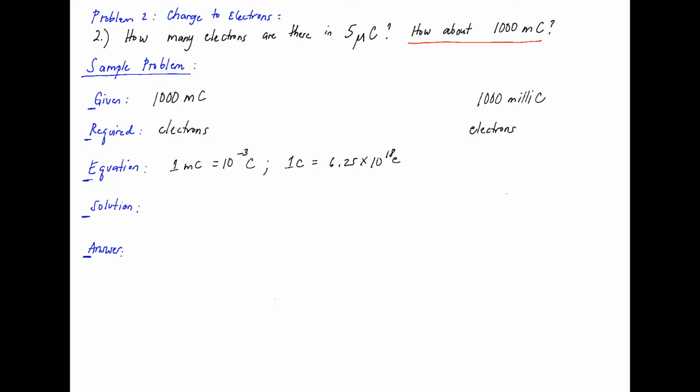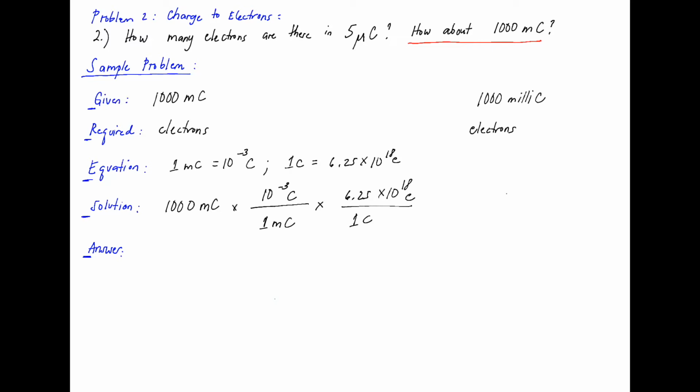So let's do now our solution. We have 1,000 millicoulomb times, for every 1 millicoulomb, we have here 10 raised to negative 3 coulomb times, for every 1 coulomb, we have 6.25 times 10 raised to 18 electrons.